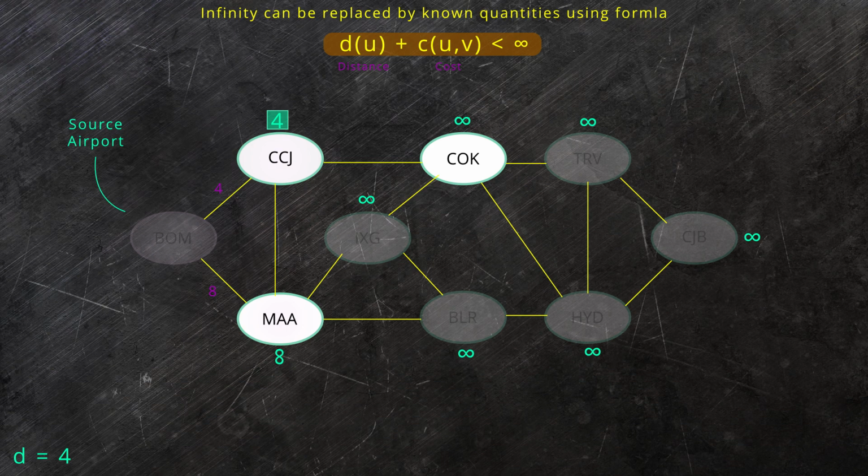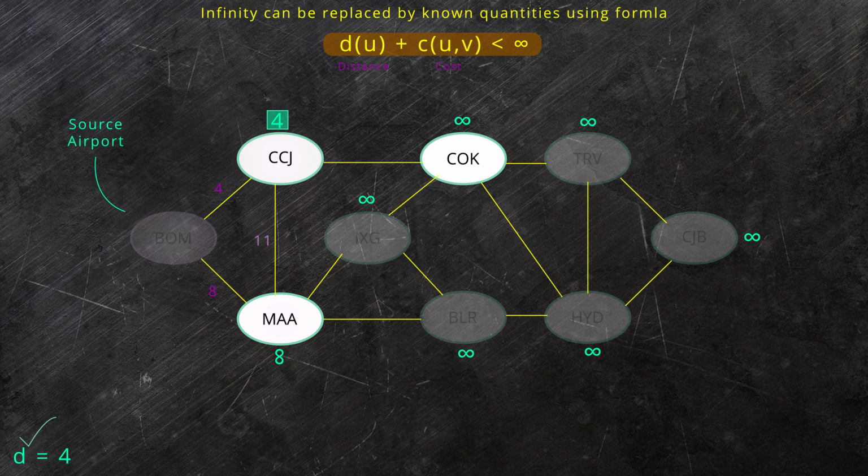That means now the distance of U is equal to 4, and the cost of U to V is 11. So distance of U plus cost of U to V should be less than distance of V, where V is MAA.